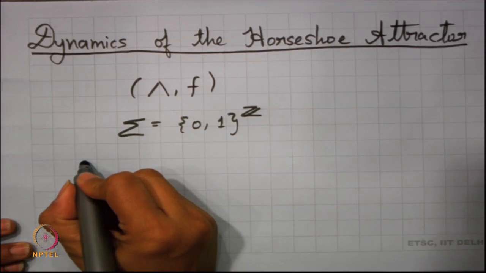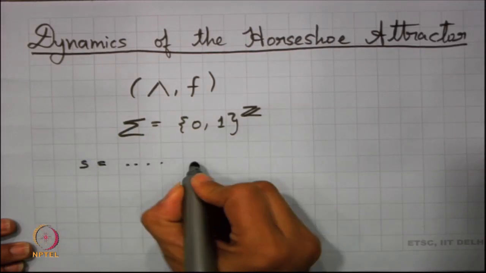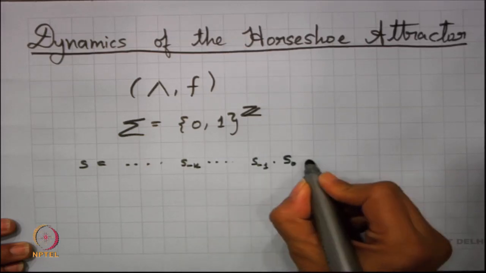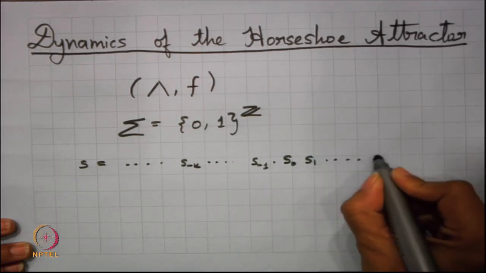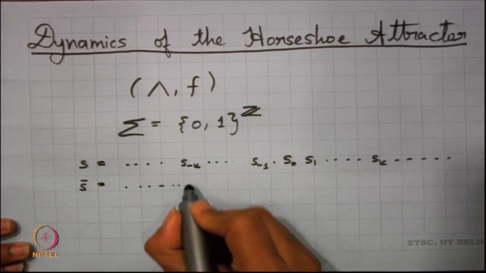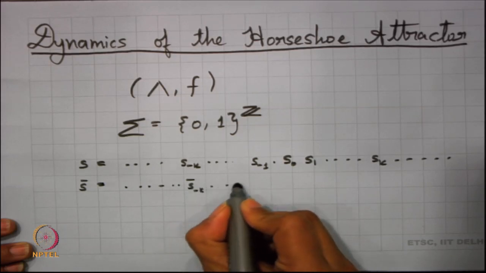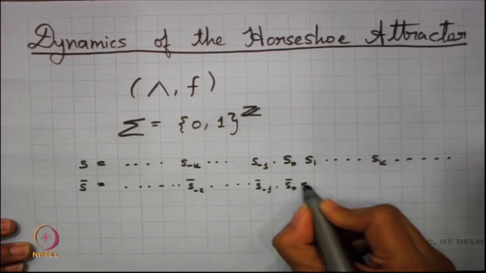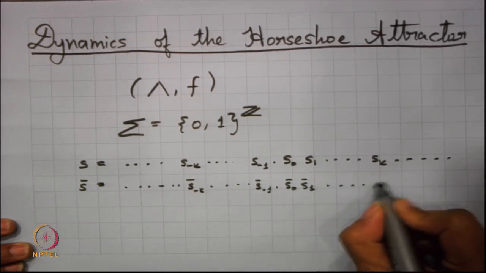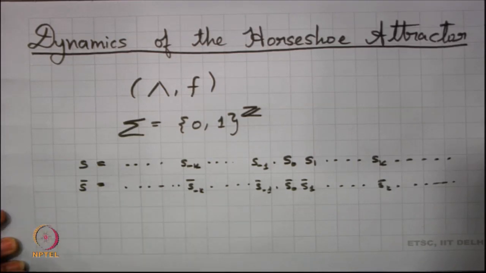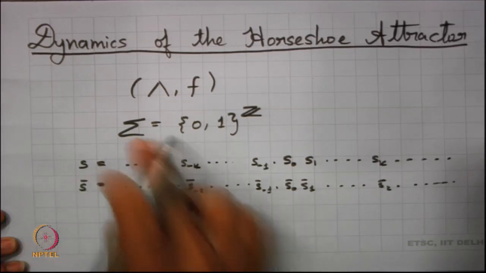Let us look at two sequences: S, which is S minus k, S minus 1, S0, S1, Sk and so on, and S bar, which is S bar minus k, S bar minus 1, S bar 0, S bar 1, S bar k and so on.